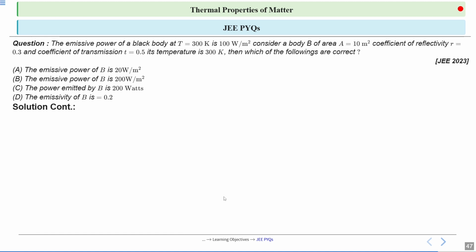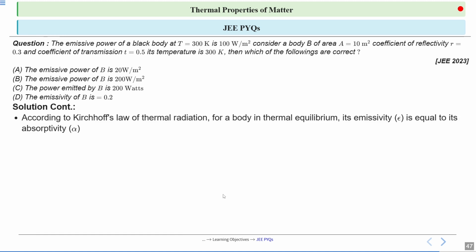Now, according to Kirchhoff's law, for a body in thermal equilibrium, its emissivity e is equal to its absorptivity, that is alpha. So we can write e is equal to alpha. So e equal to 0.2. So the coefficient of emissivity of the body B is 0.2.